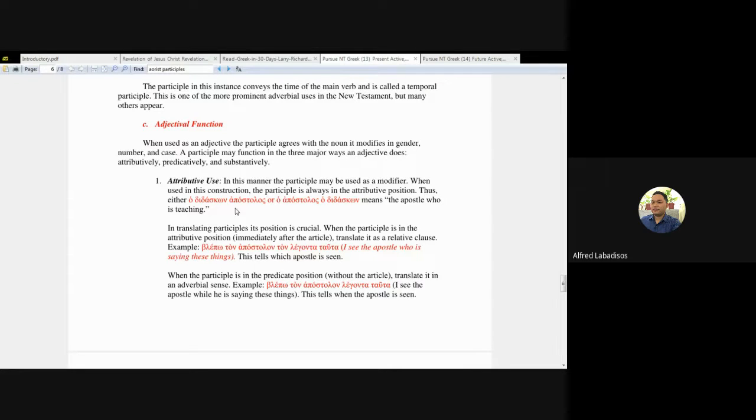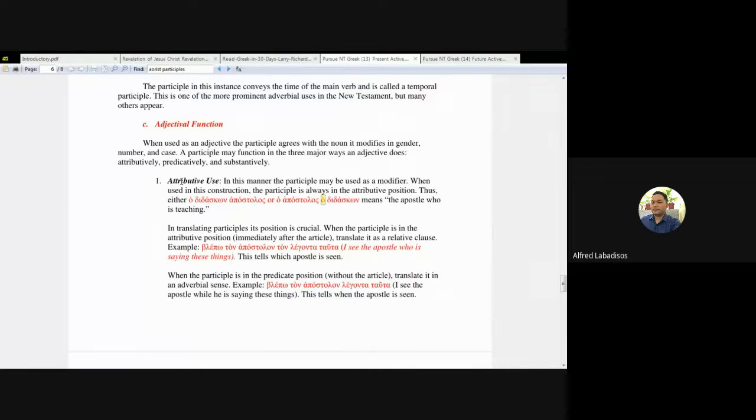For example, ho didaskon apostolos or ho apostolos ho didaskon. Didaskon here has a definite article. Apostolos is the noun, while didaskon is a participle. So ho didaskon apostolos means the apostle who is teaching.